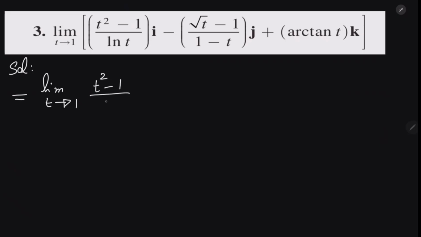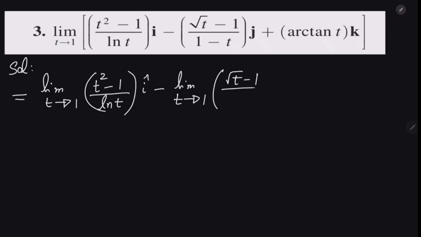Limit t approaches 1 of (t squared minus 1) over natural log of t i unit vector, minus limit t approaches 1 of the square root of t minus 1 over 1 minus t j, plus limit t approaches 1 of tangent inverse t. So this is question number 3.